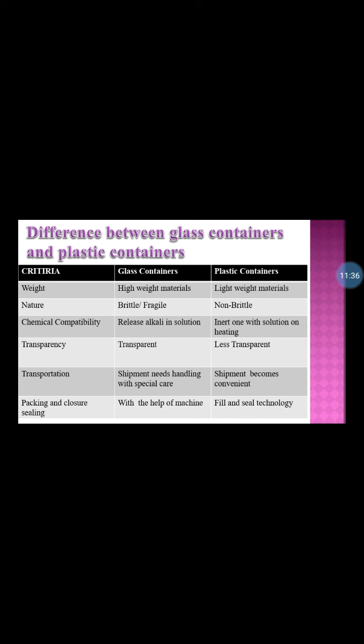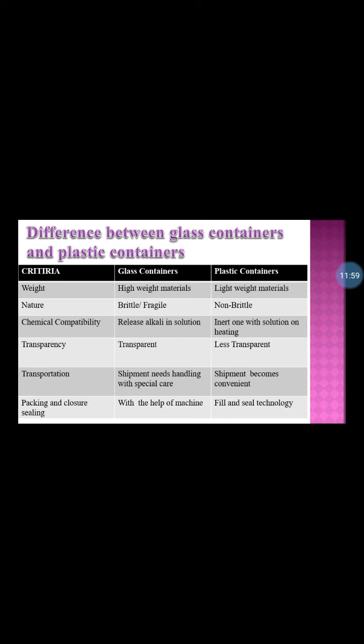For chemical compatibility, glass containers release alkali in the solution, but plastic containers are inert with solution or on heating. Glass containers are transparent, but plastic containers are less transparent.